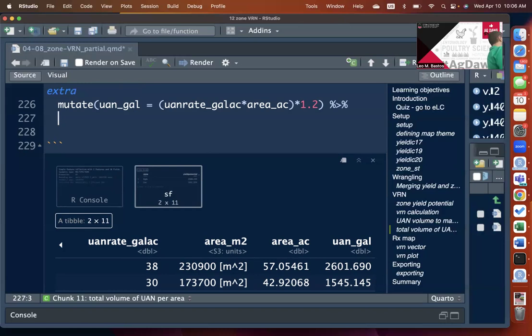So what function do we need here? It's not select, so select is like selecting columns. It's something else that we have already used today. So let's think about it from this perspective.